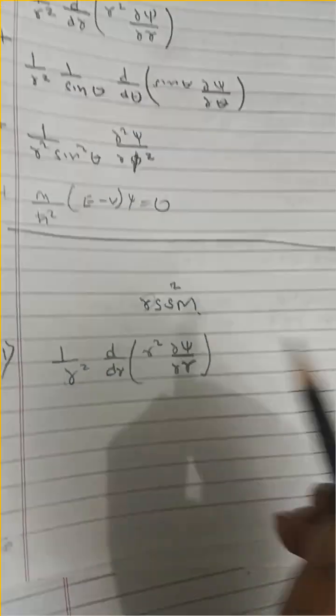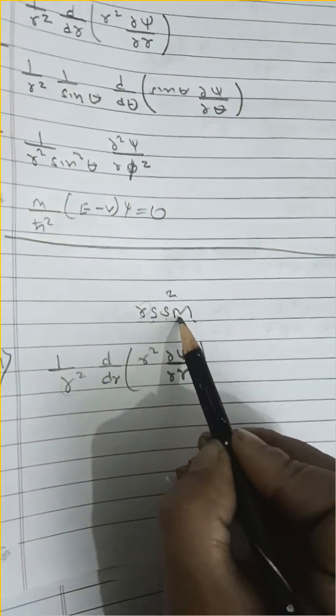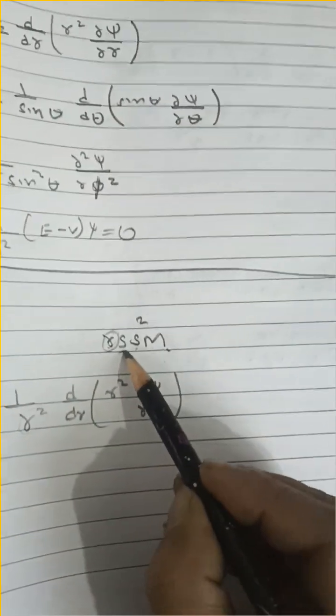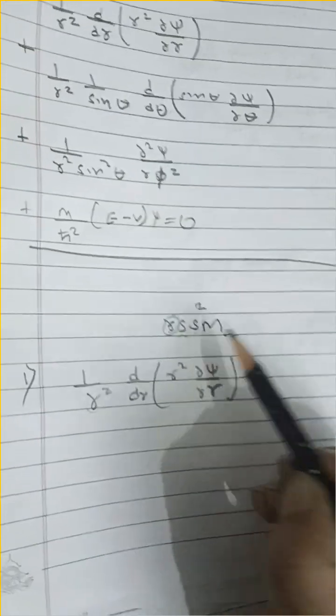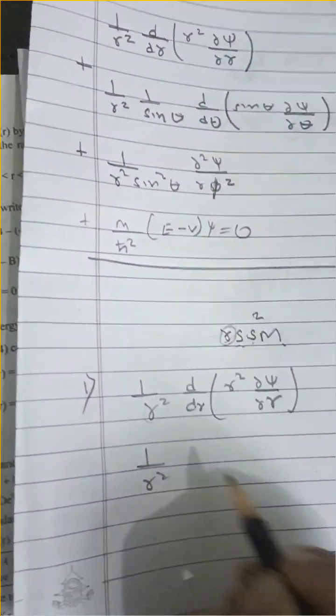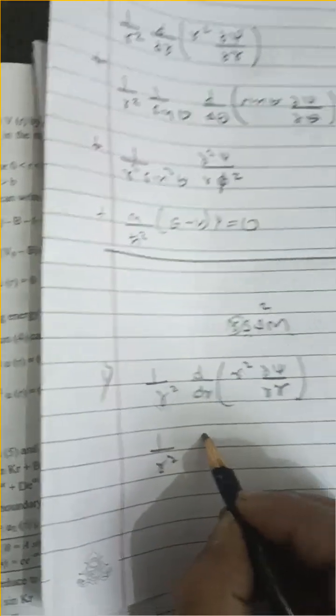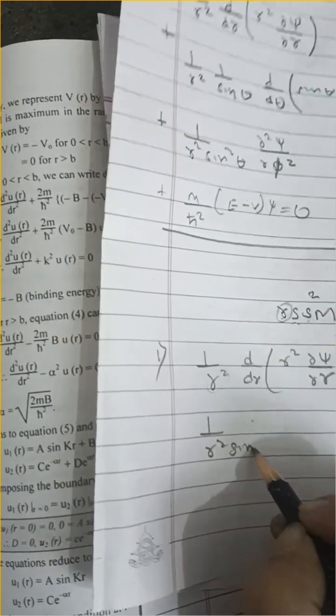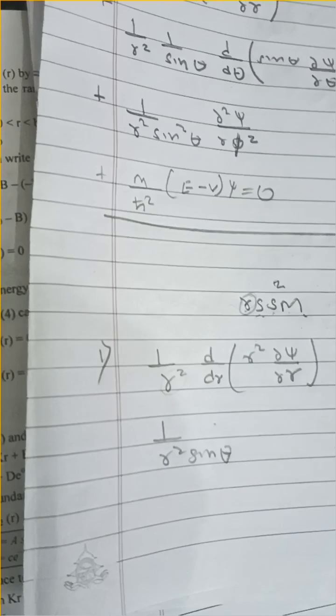We have to remember that there are four terms and this term has been completed, and there is another s. So why do I write s? Because next there is a sine function, so I have to write this as the same. Then I write 1 by r square, and again I have to write sine theta also.